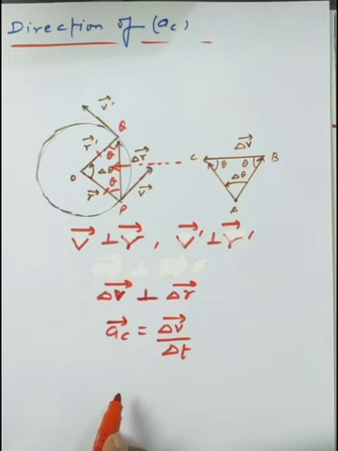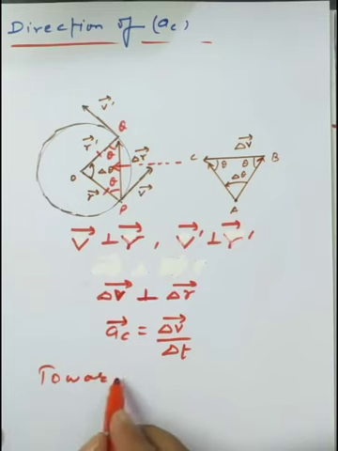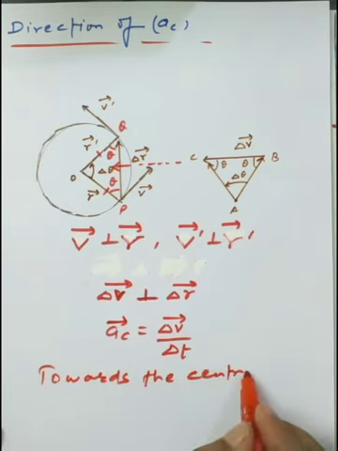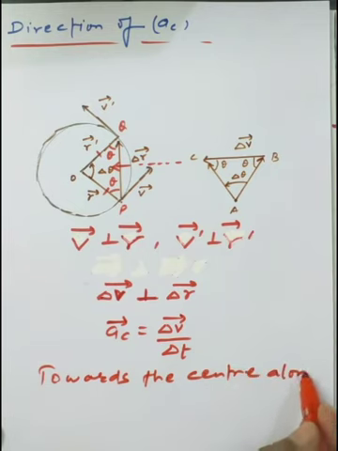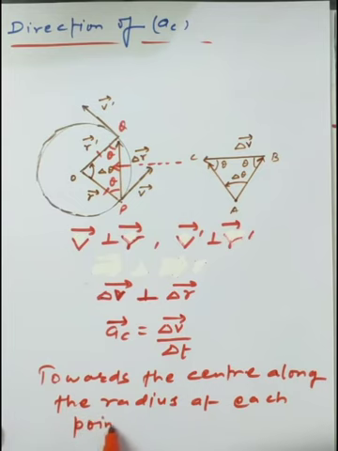So the direction of the acceleration is towards the center, along the radius, at each point on the circular path.